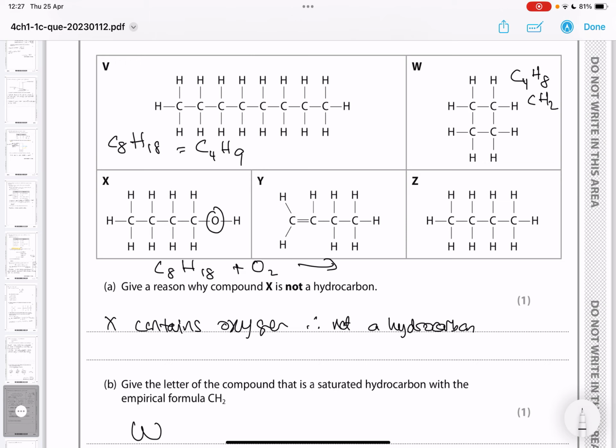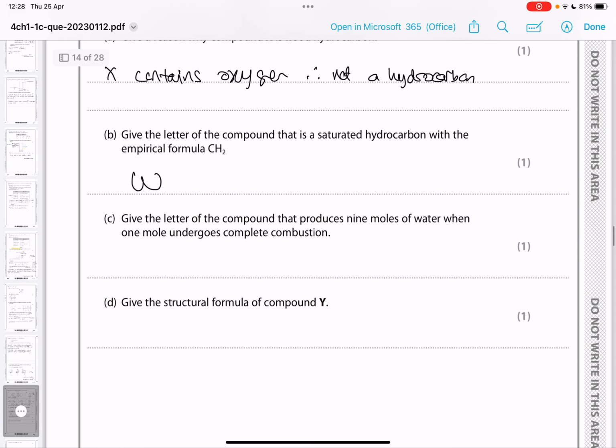Whenever a hydrocarbon reacts with oxygen, it always produces carbon dioxide plus water. If we balance this, there's 8 carbons here, 8 carbons here, 18 hydrogens. So if we add 9 here, there'll be 18 hydrogens. And then 16 plus 9, 25 oxygens, so 25 over 2. Now, does this produce 9 moles of water? Yeah. So the answer is going to be V.